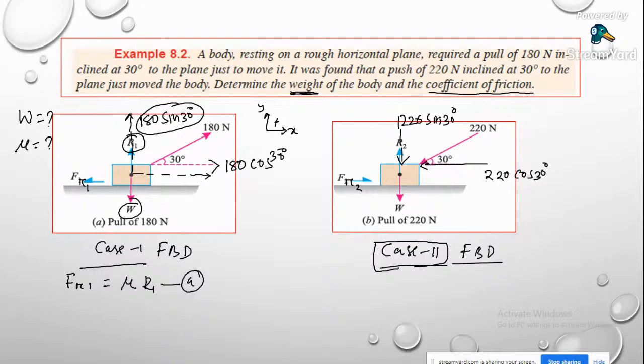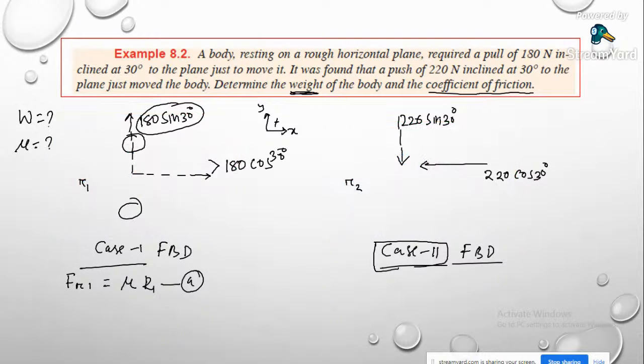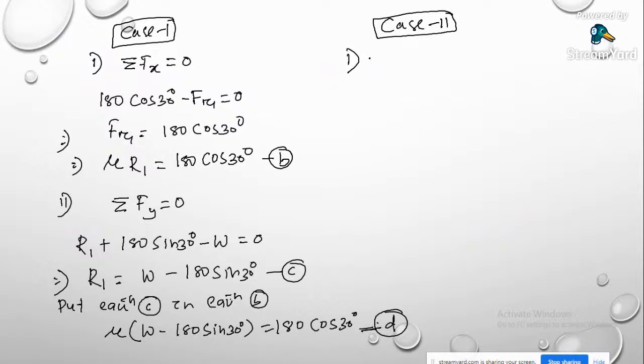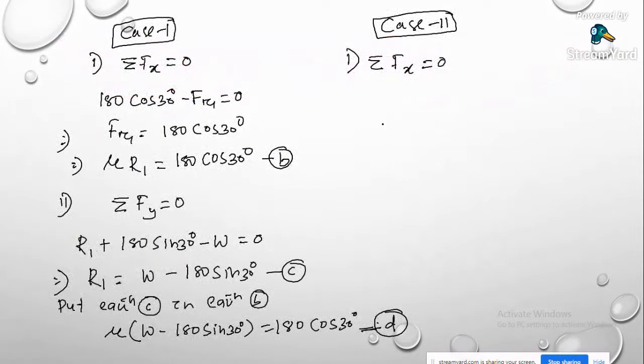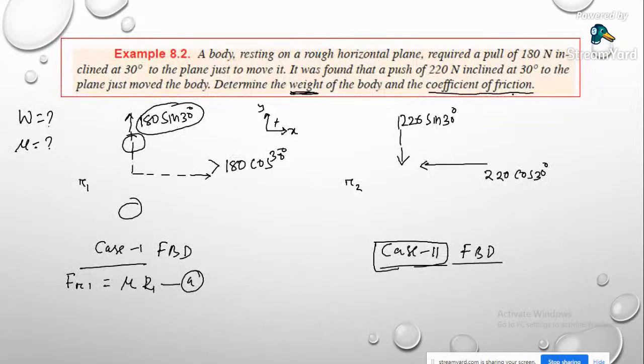Now if you take the net force in x direction equal to 0, what are the forces acting in the x direction? Fr2 is acting in the positive reference axis, so Fr2, friction 2, minus 220 cos 30 degree will be equal to 0.